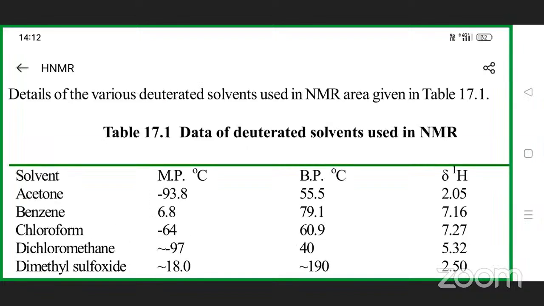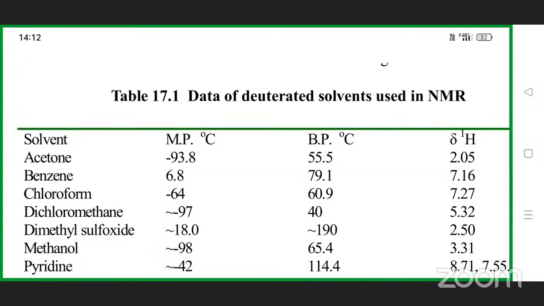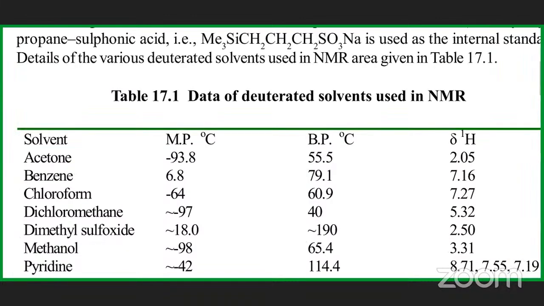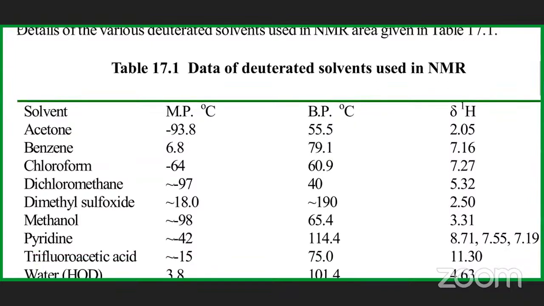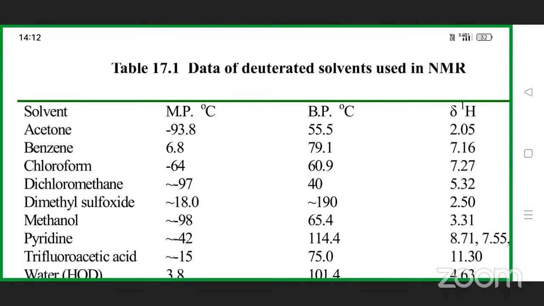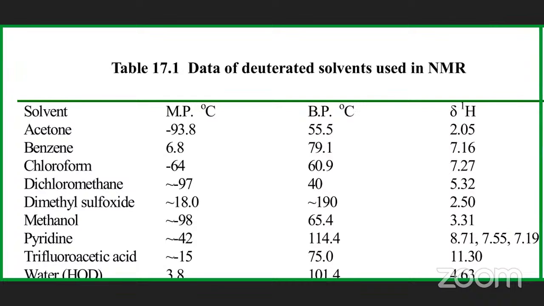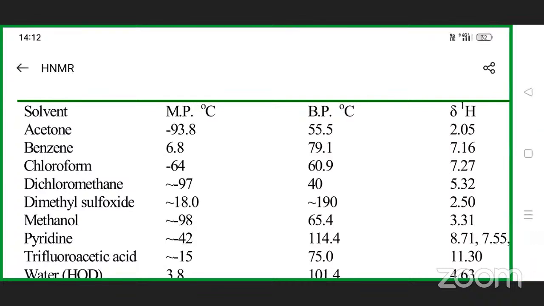The different solvents and their chemical shift values are in this table, along with melting point and boiling point. For one, the melting point is minus 93.8 and the boiling point is 55.5 degrees Celsius, and the delta chemical shift value of acetone is 2.05.